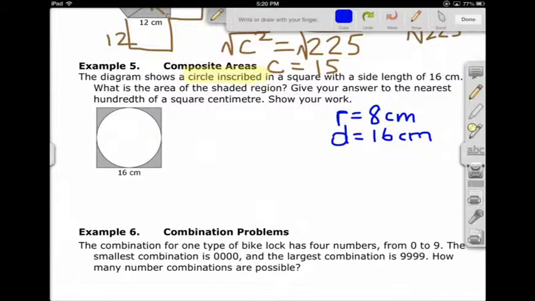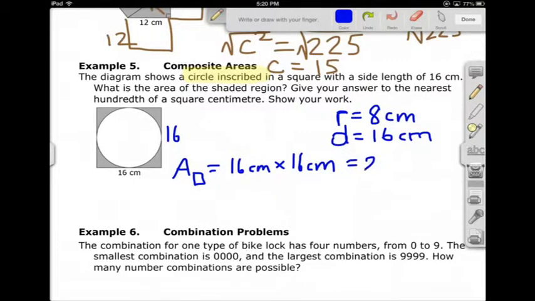If we had a 16 by 16 square, we know that the area of that square, and I like to draw it this way, is 16 centimeters by 16 centimeters, which is good for 256 square units. We're talking about centimeters. Nice. And remember, the reason we write centimeters squared is because there's two identical values there.